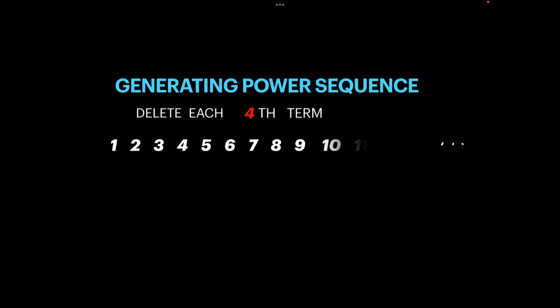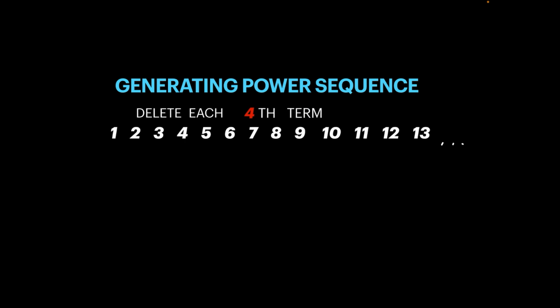Now we should go for our next experiment from the natural number sequence, and now we should delete each fourth term from the natural number sequence, and then we will get a sequence like this: 1, 2, 3, next delete 4, and 5, 6, 7, delete 8, 9, 10, 11, delete 12, and so on.